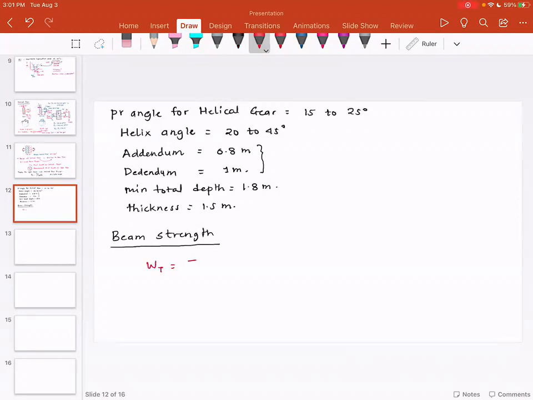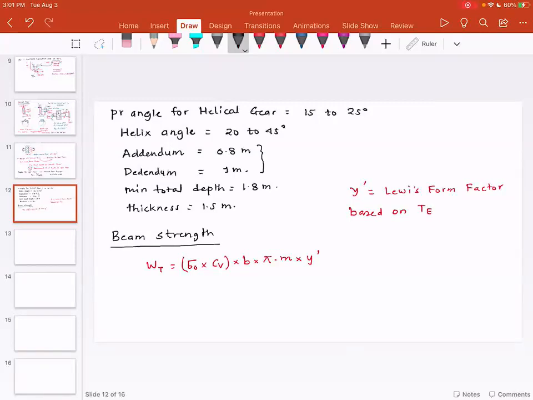Wt is equal to sigma naught times the velocity factor multiplied by b multiplied by pi times module multiplied by y prime. And y prime is the Lewis form factor based on the equivalent number of teeth, TE. So Lewis's form factor based on equivalent number of teeth.